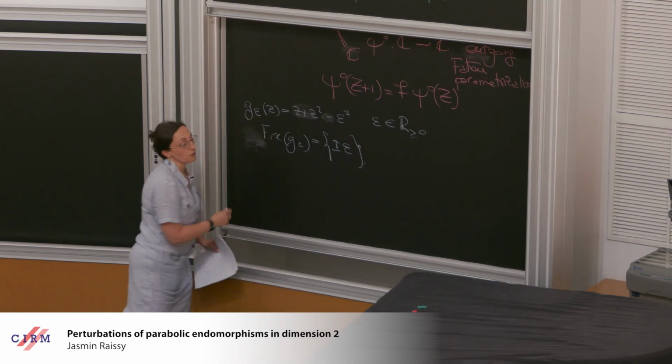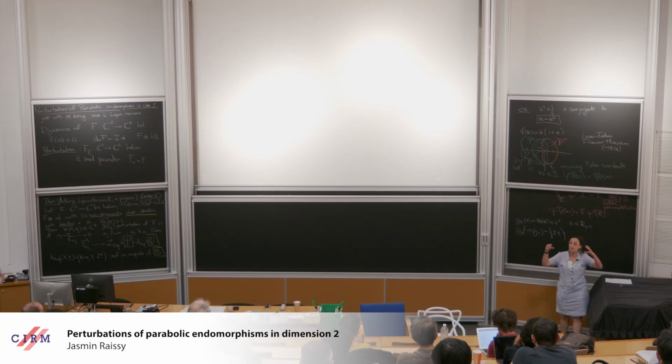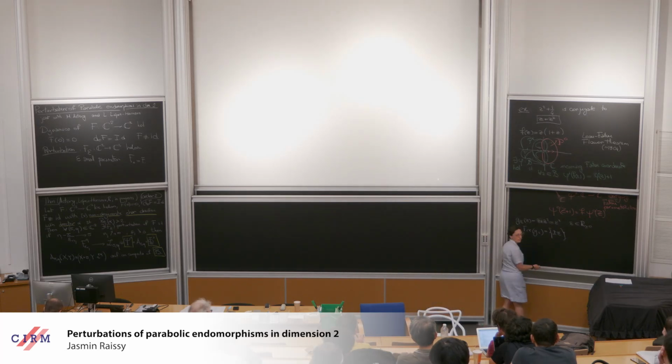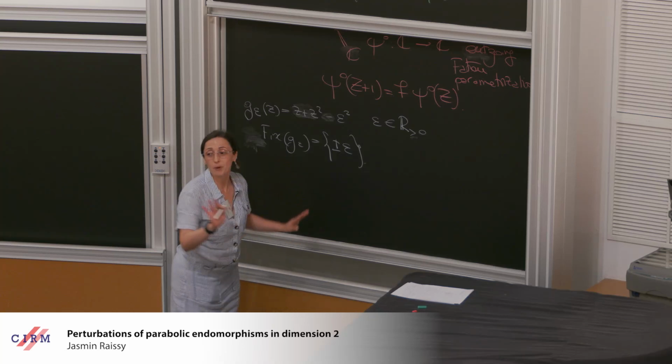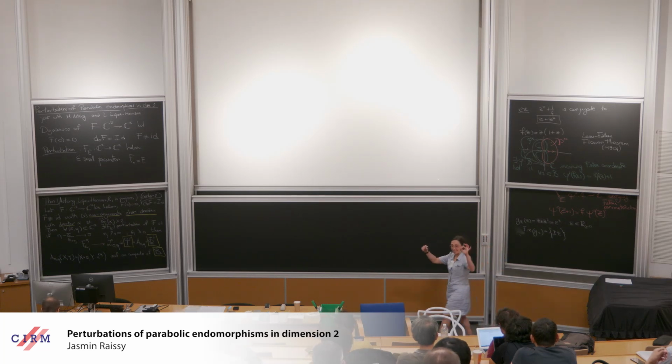And what do we look at if we want to understand the dynamics near these two fixed points? We look at the multipliers, okay? First I'm doing the computation like this, and now I will do it in the other direction.